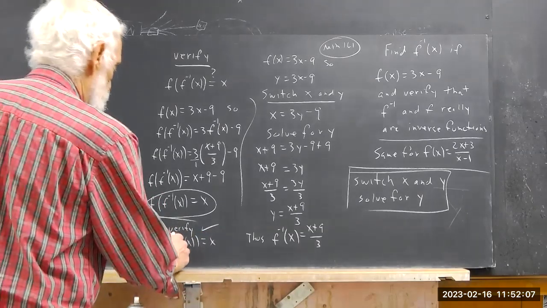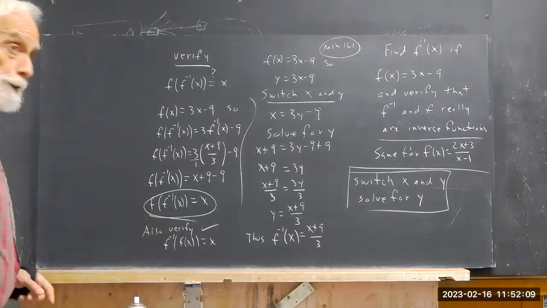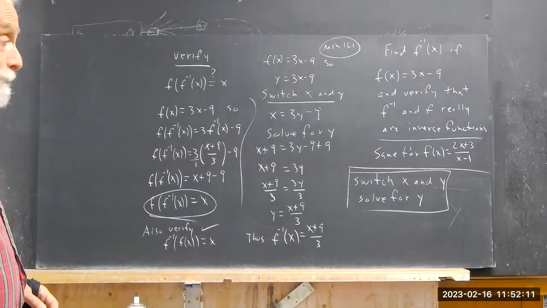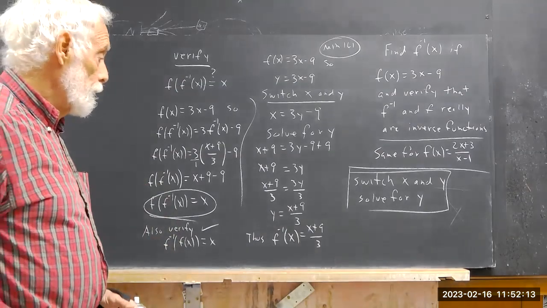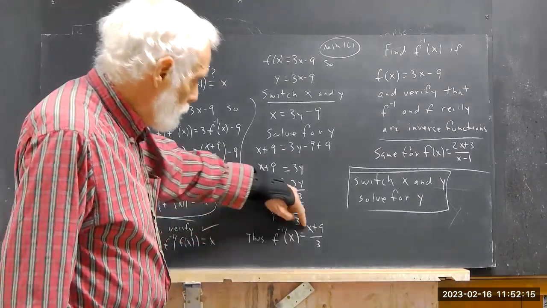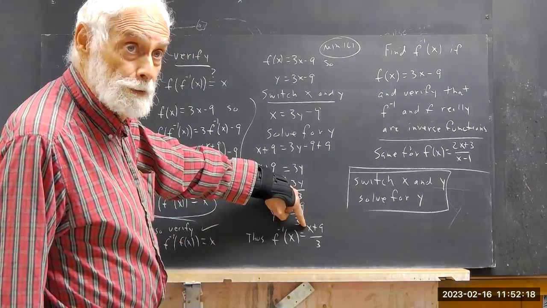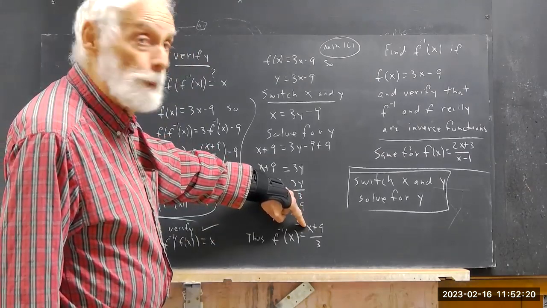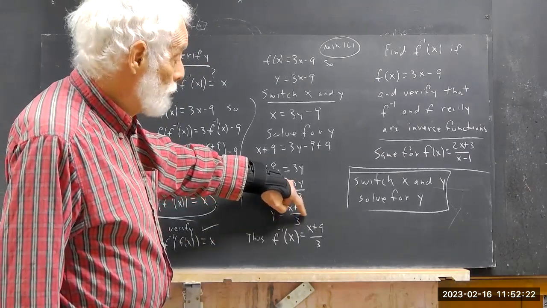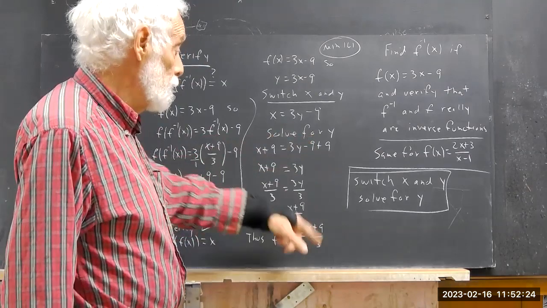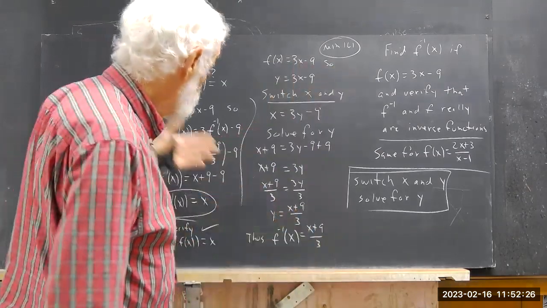If you do f inverse of f of x, you still get x. You kind of see how that's going to go. f inverse of f of x, you're going to put f of x up here where x is. You're going to have 3x minus 9. It'll be 3x minus 9 plus 9. That's just 3x divided by 3, which is x. That's even easier than this was.